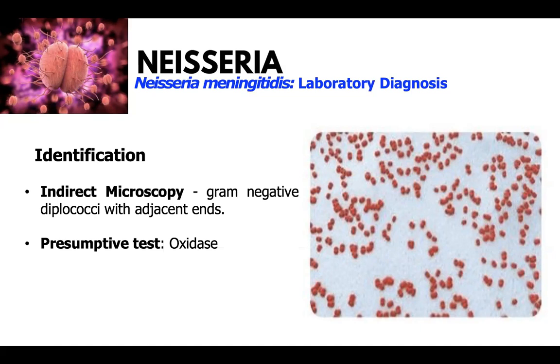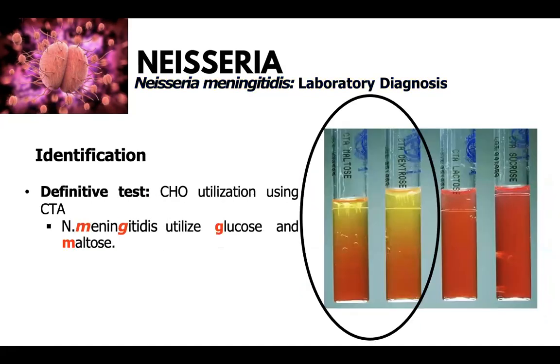So, how do we differentiate it from gonococcus? We do our definitive test, yung ating carbohydrate utilization test using the CTA, or cysteine trypticase agar. So, for Neisseria meningitidis, nandun yung M and G. Na-utilize niya yung maltose maliban sa glucose.